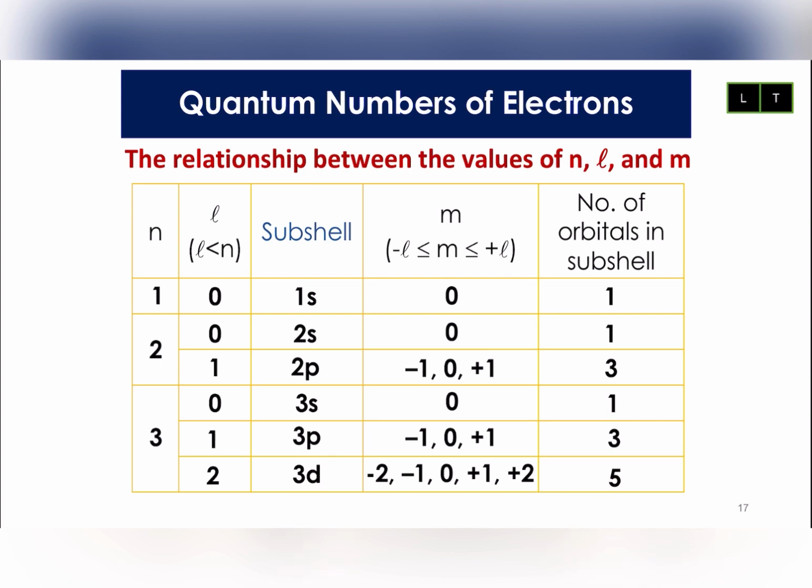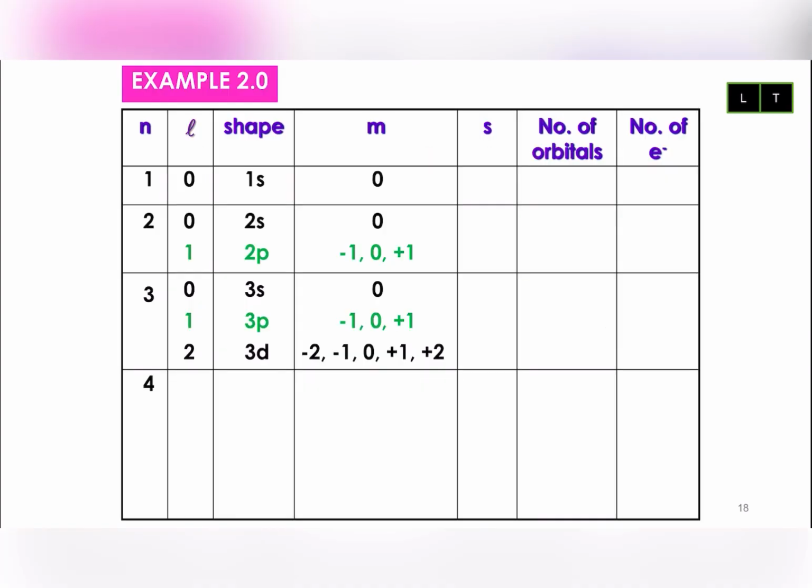So this is how you determine, based on this example, the relationship between the principal quantum number n, the angular momentum quantum number l, and the magnetic quantum number m. I'm going to bring all this information together to relate it with the last quantum number, the electron spin quantum number s.